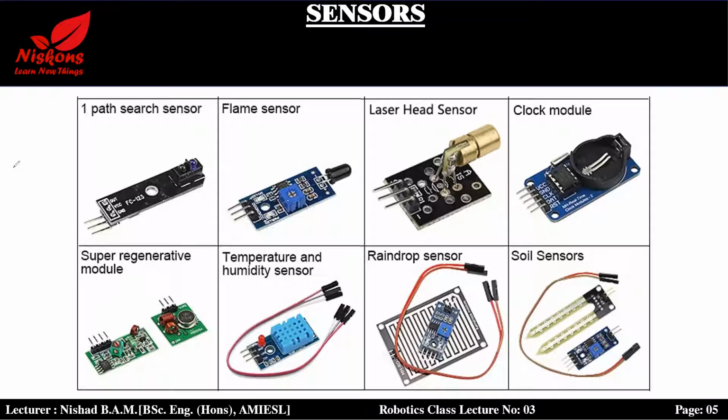Okay, so if we have a line here like this, this line is painted in black color. If we place the sensor, this is the face of the sensor. If we face this face on the line, the sensor will not give you the results, right?